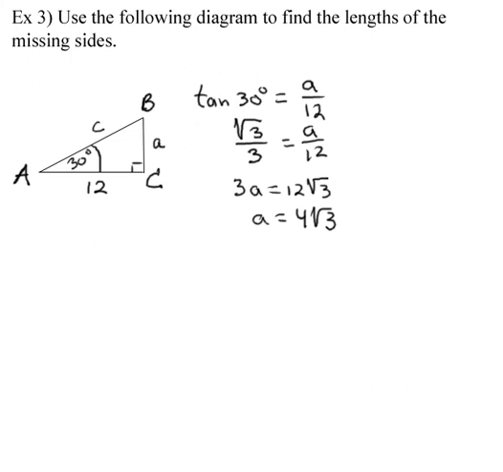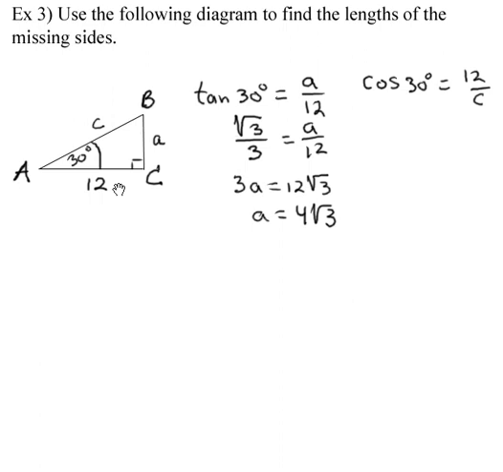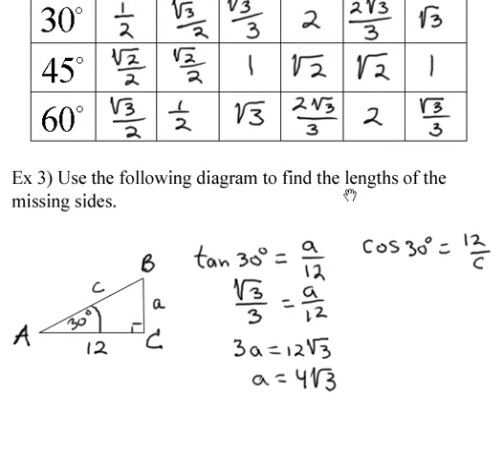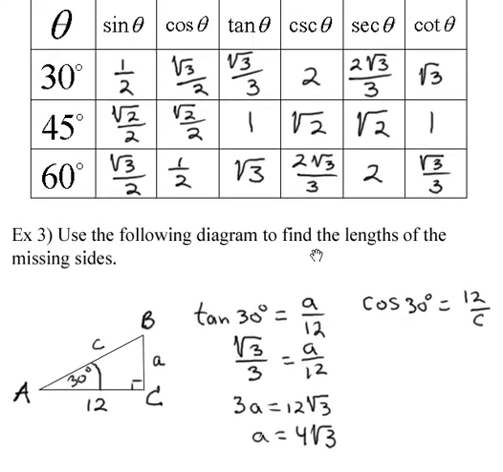Let's try to find our other missing side, C. Cosine of 30 is going to be adjacent, which is 12, over the hypotenuse, which is C. Let's refresh our memory and look up the cosine of 30 again. So here's 30.